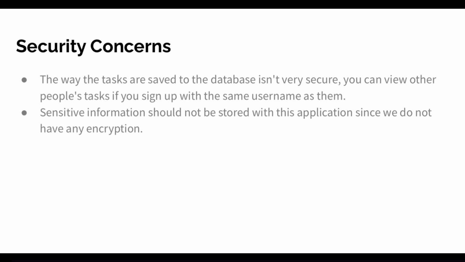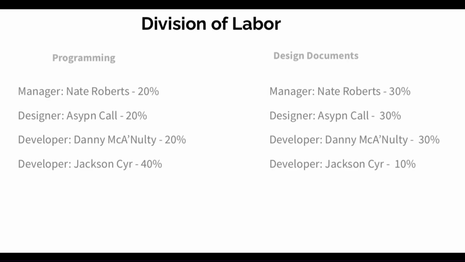And here you can see the division of labor for this project. On the left side, you can see programming. Nate, Aspen, and Danny were all responsible for about 20% of the programming. Nate did the task form design. Aspen did the CSS general site design and testing.